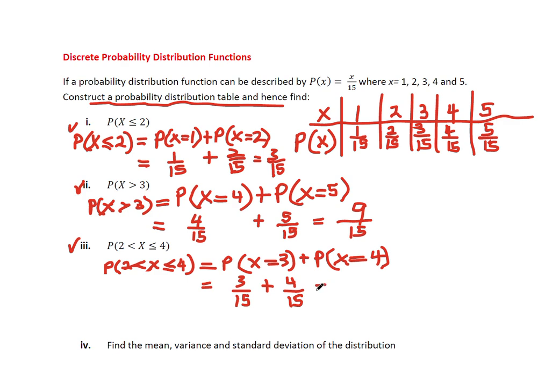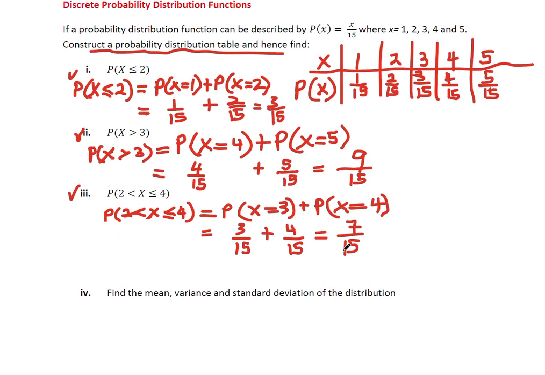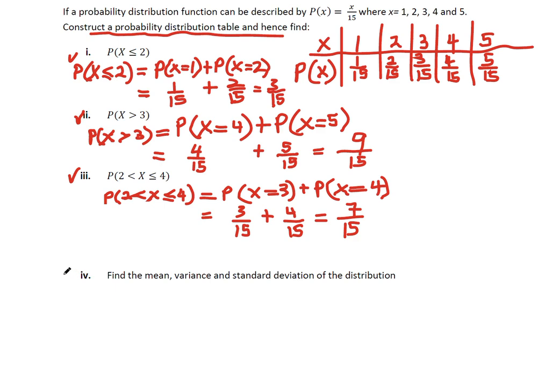Again, because we have a common denominator of 15, we write it down and then add the numerator values. 3 plus 4 here is going to give us 7. So the probability that x is greater than 2 but less than or equal to 4 would be 7 out of 15. So that's how we compute probabilities from a probability distribution function expressed in the form of a table.